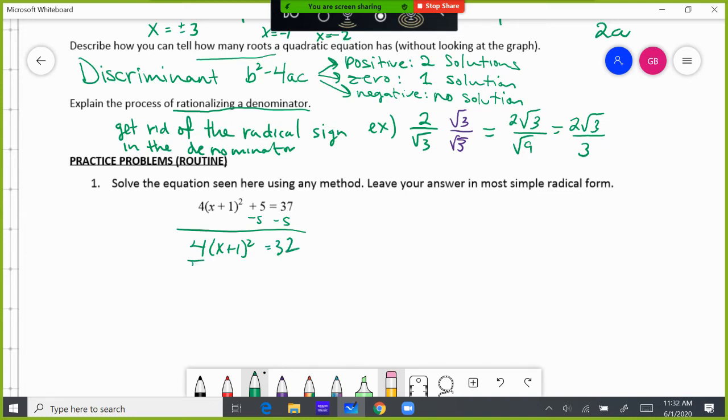Then you're going to divide both sides by 4. And then to get rid of the square, you're going to find the square root of both sides. And then you're going to subtract 1 on both sides.